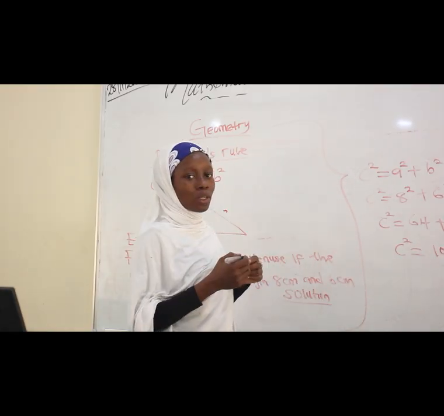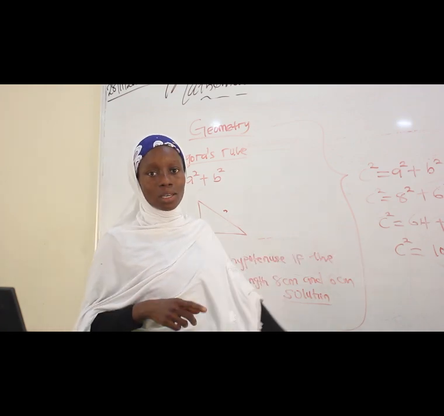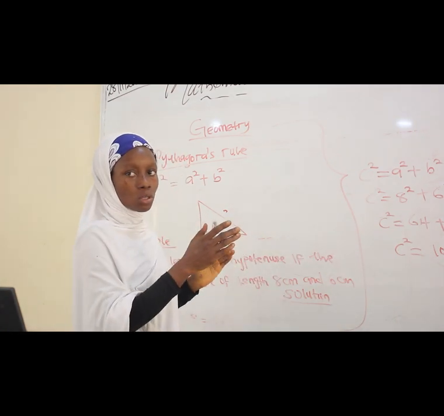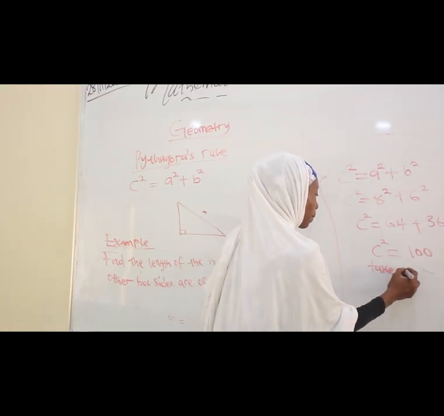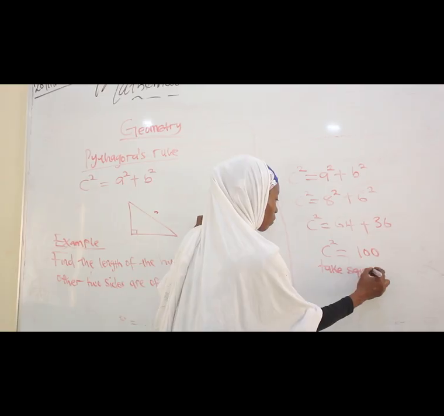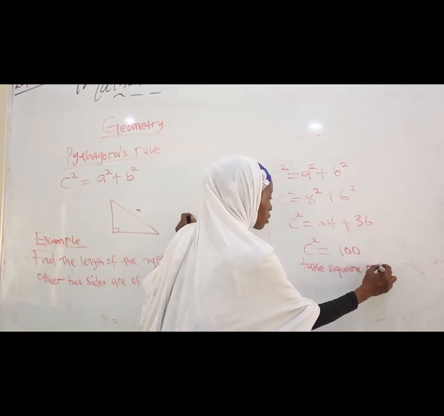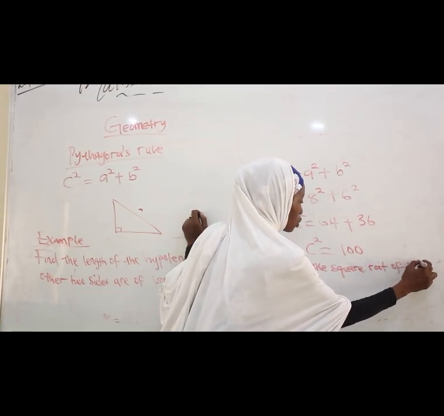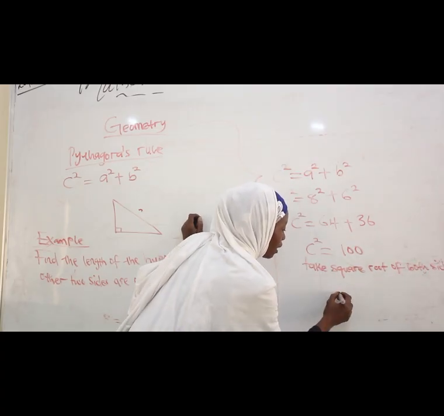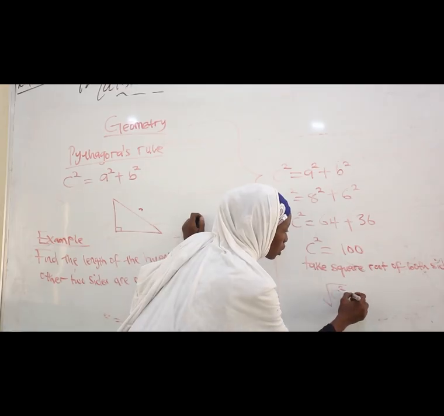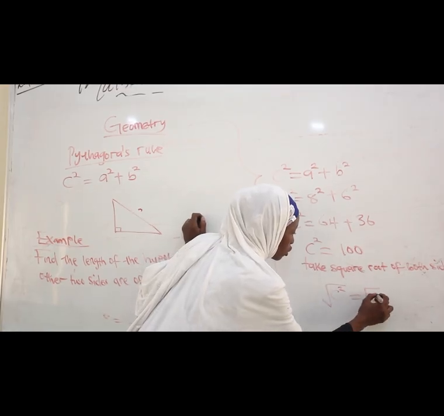So 64 plus 36 is going to give us 100. Mind you, we are not looking for c squared but c. So we take the square root of both sides. The square root of c squared is equal to the square root of 100.